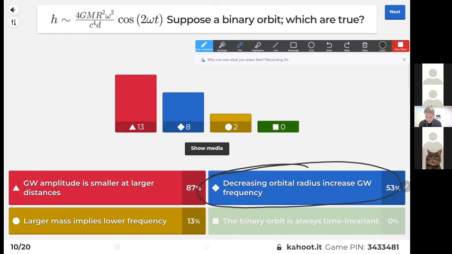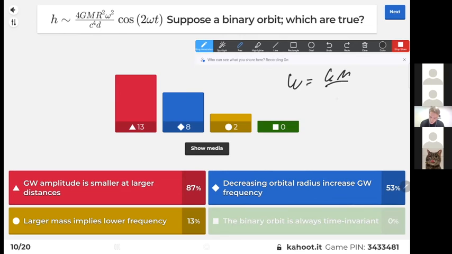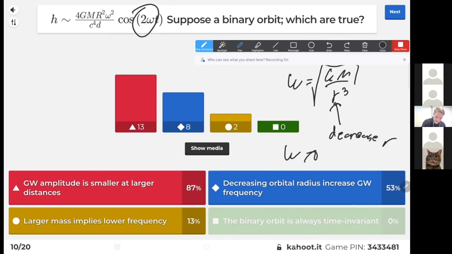The decreasing orbital radius increases gravitational wave frequency. There's only 50% that answered this, but if you remember Kepler's third law, you can relate the orbital angular frequency to GM per r cubed, where r is the radius of the orbit, and therefore if you decrease r, the angular frequency goes up, and the gravitational wave frequency is twice the orbital frequency.